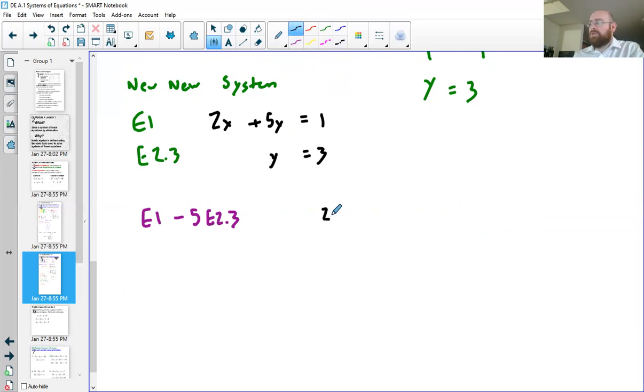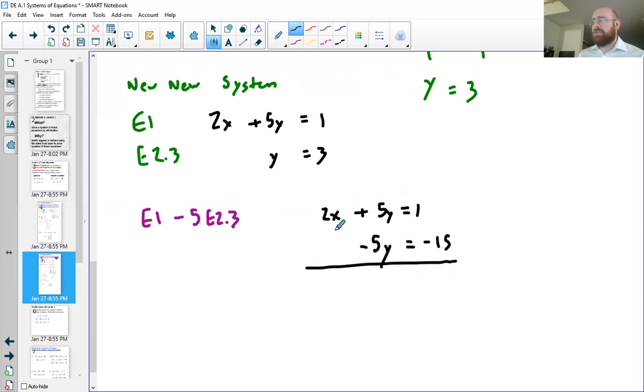So we'll have 2x plus 5y equals 1. This is equation 1. And then I'm going to multiply equation 2 by that negative 5. So we'll have negative 5 times y is equal to negative 15.